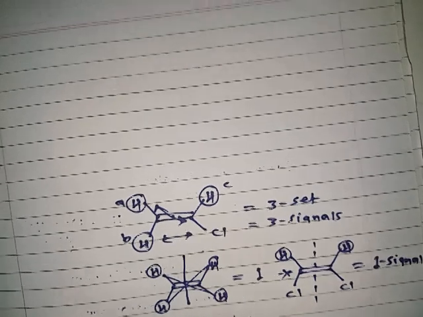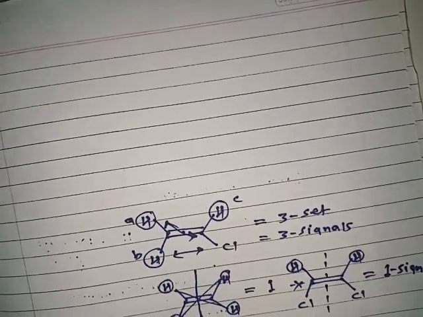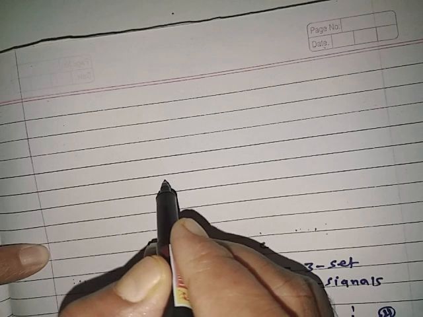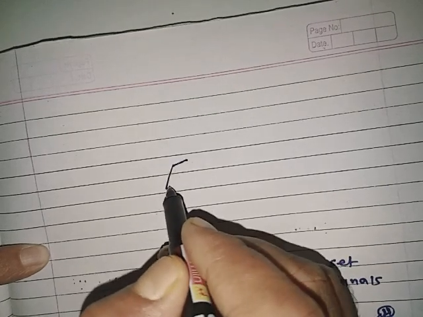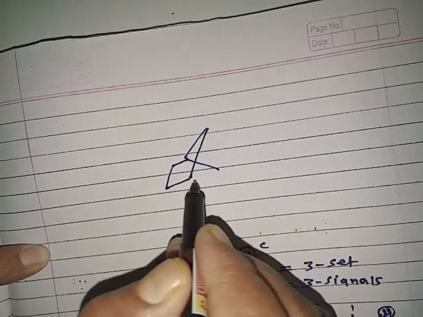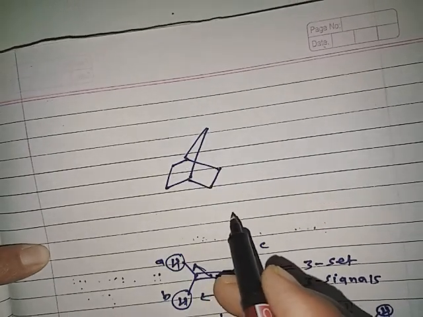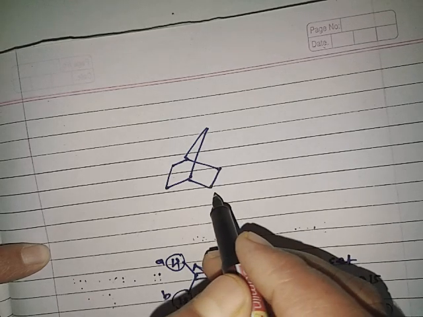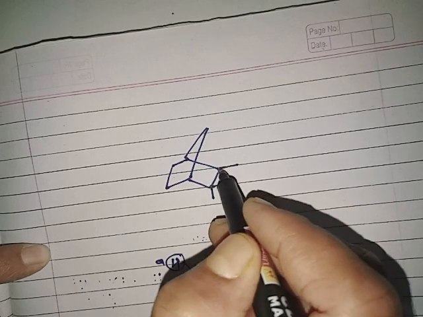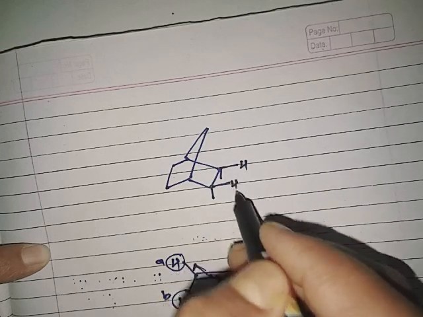In case of cyclic compounds, if you draw the structure of norbornene, actually the structure of this molecule is very interesting.